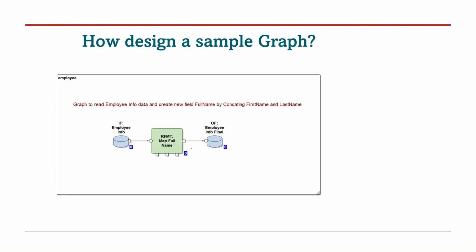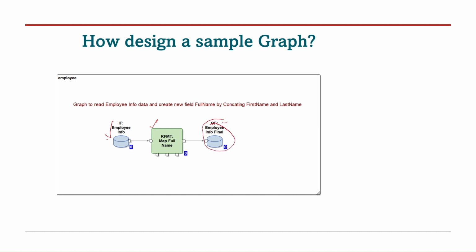This is how we design a sample graph. Over here I have taken an input file component to read all the employee info data, and I used a reformat component where I have written logic to read the input fields first name and last name, concatenate them, and create the final output file.